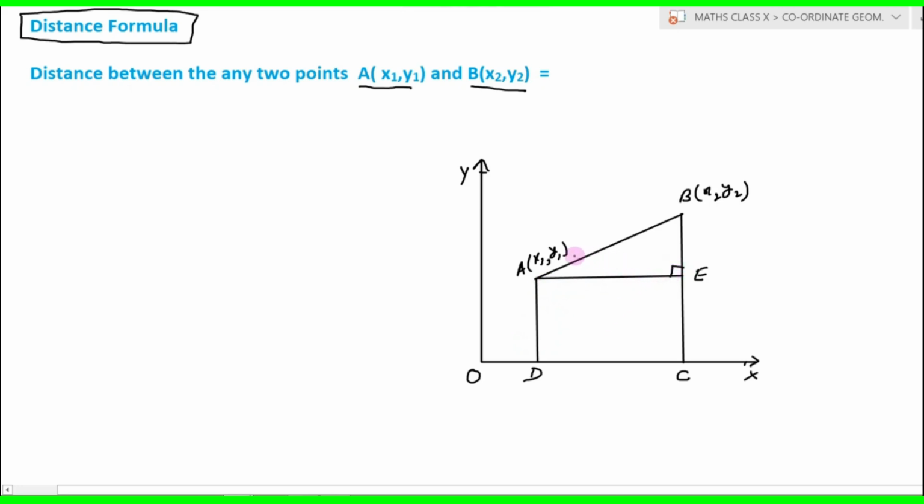Clear? Now, do you know the meaning of the coordinates (x2, y2) and (x1, y1)? x1 is the distance from the y-axis. So here the point is (x1, y1), here the point is y1, and here the point is x1 on the x-axis and on the y-axis.